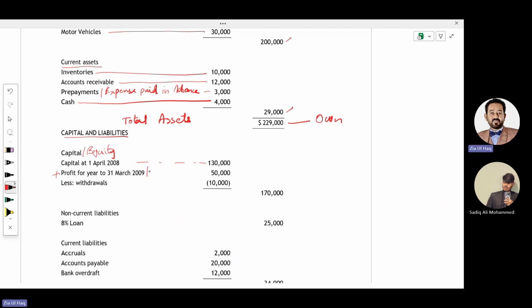This profit is also called retained earnings. And from this capital, we will deduct withdrawals. Withdrawals mean drawings that the owner withdraws from the business. So this is total equity.